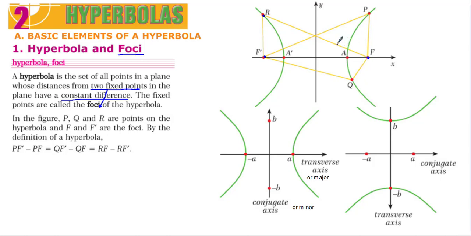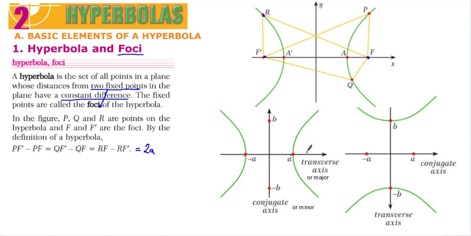They have the same difference, which is equal to 2a, the length of the transverse axis. I'm also giving the transverse axis definition here: the distance between the two vertex points of the hyperbola is the length of the transverse axis.